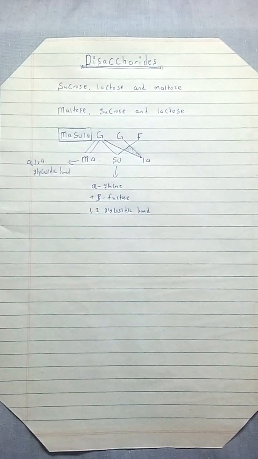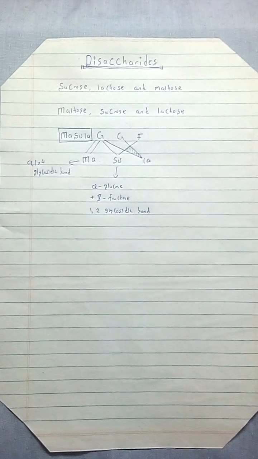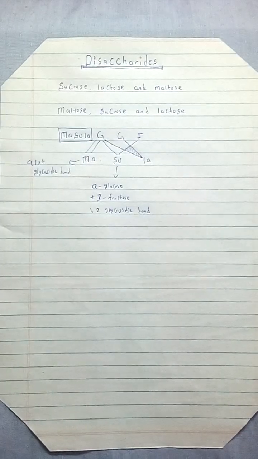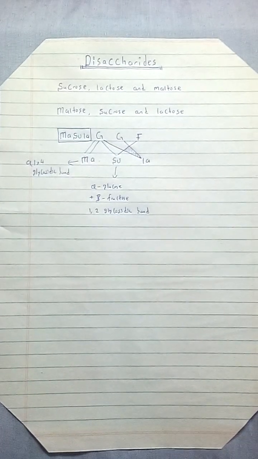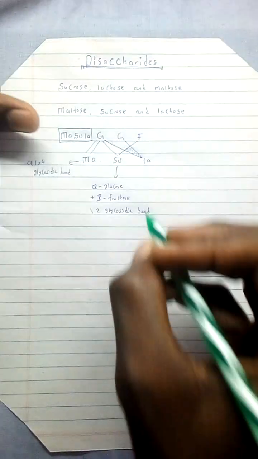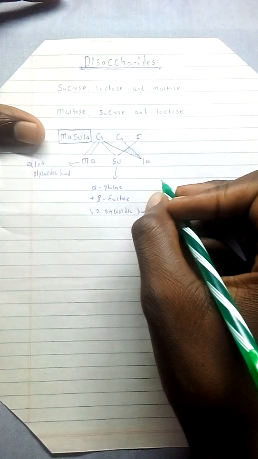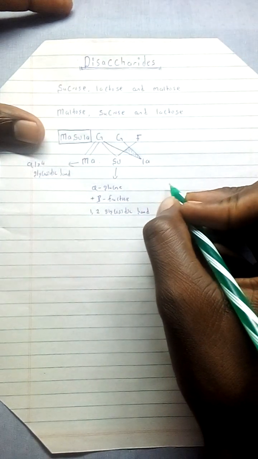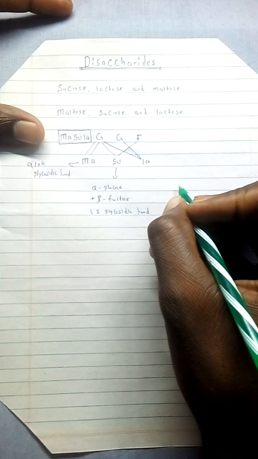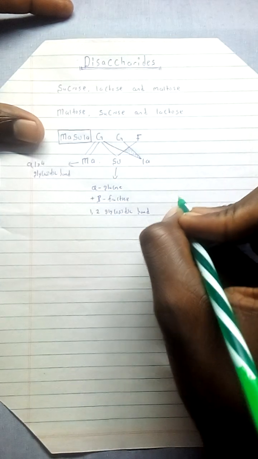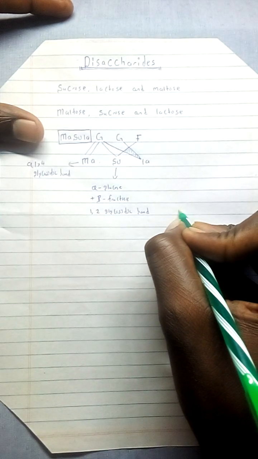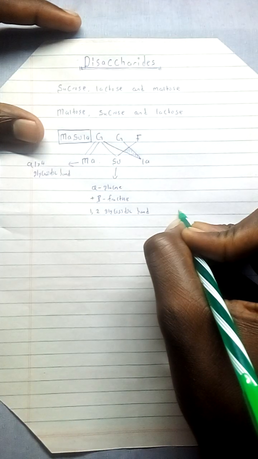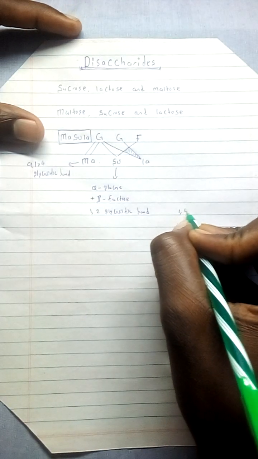So for glucose it is optional. Then it is composed of a 1 to 4 glycosidic bond.